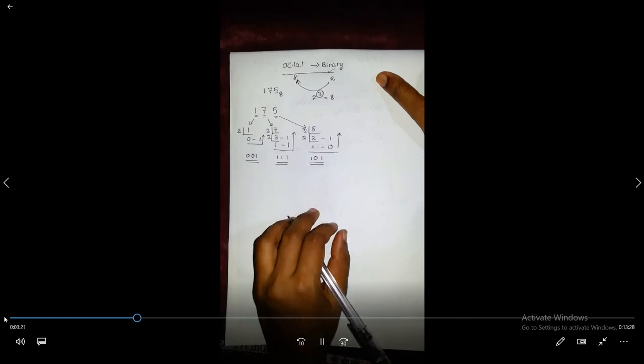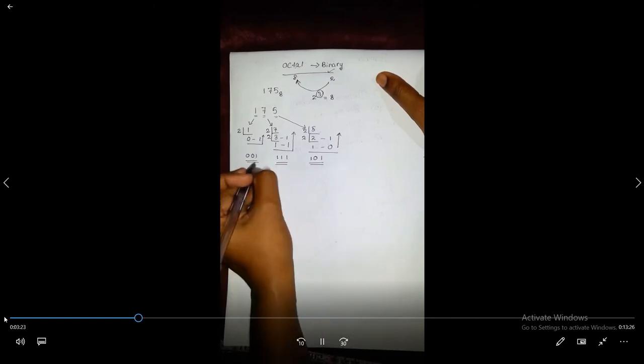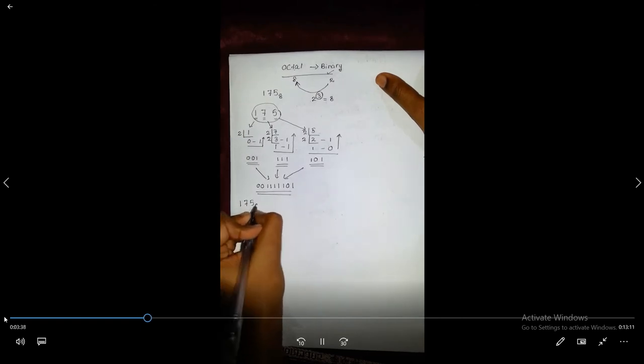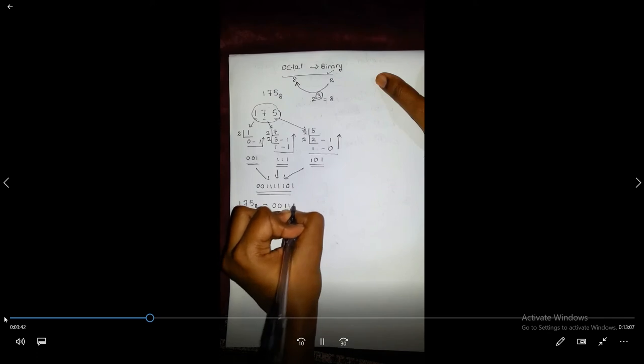Now I have to write these together: 001, 111 and 101. So this is the binary version of this octal number. Octal 175 we can write as 001111101. This is the binary version.